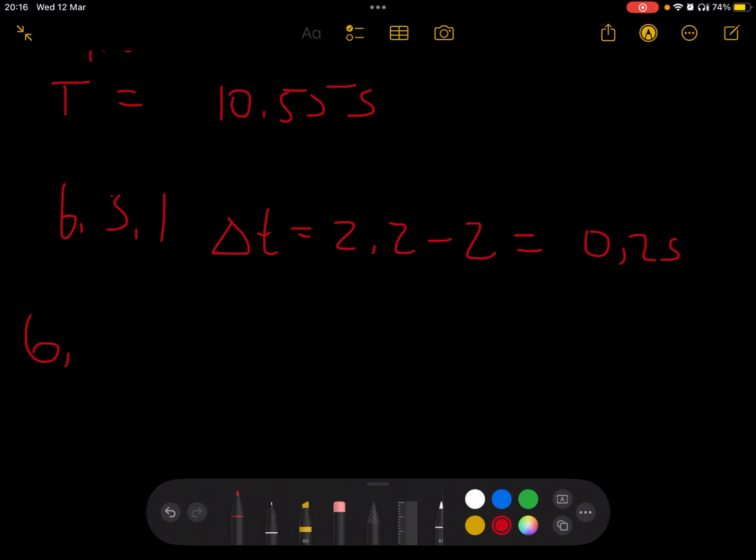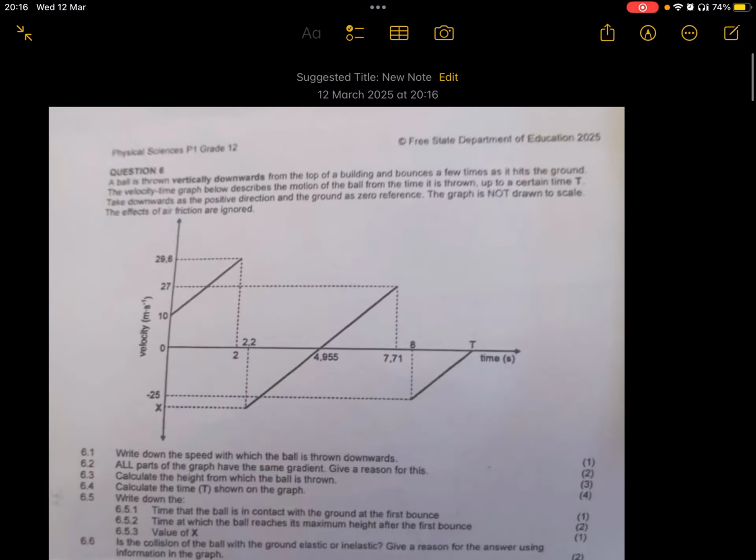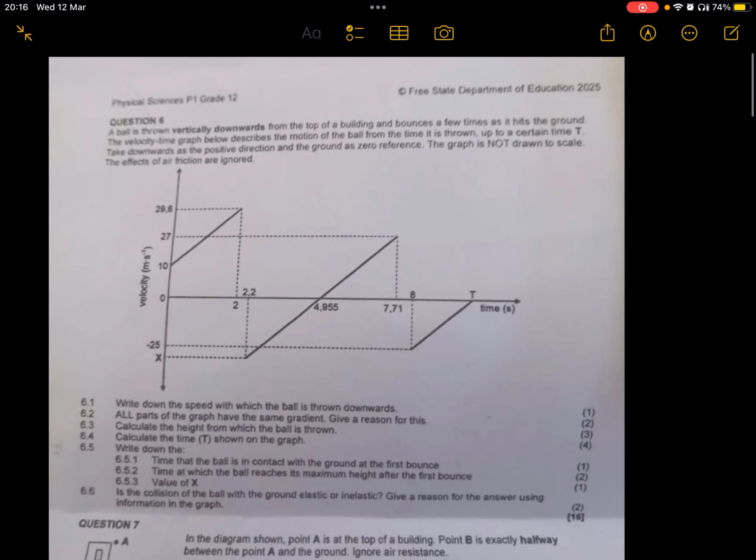6.5.2. Let me check quickly. The time at which the ball reaches its maximum height after first bounce.